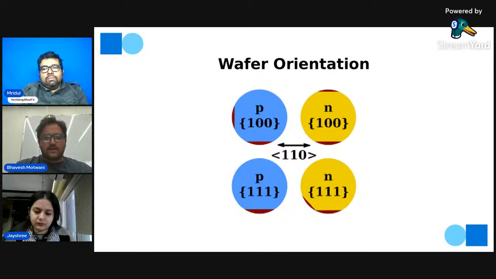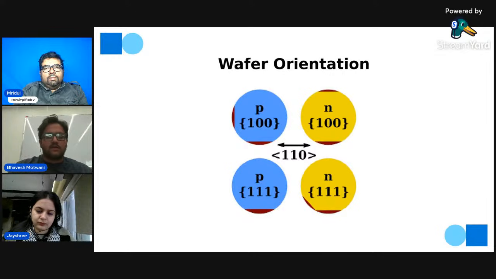So, wafer orientation. Generally in wafer orientation, we have three types of wafer: 100, 110, and 111. These are nothing but the arrangement of atoms in different planes and axes. With that, we can understand where the atoms are arranged.